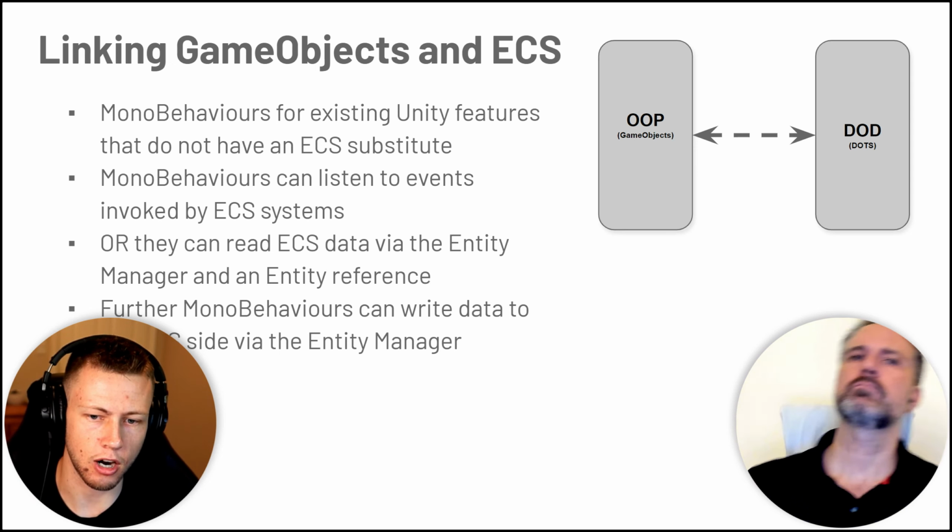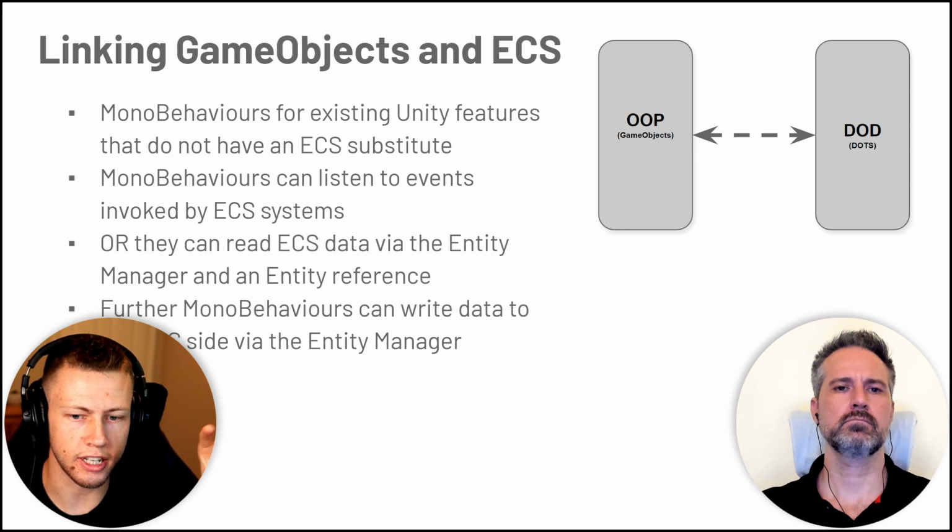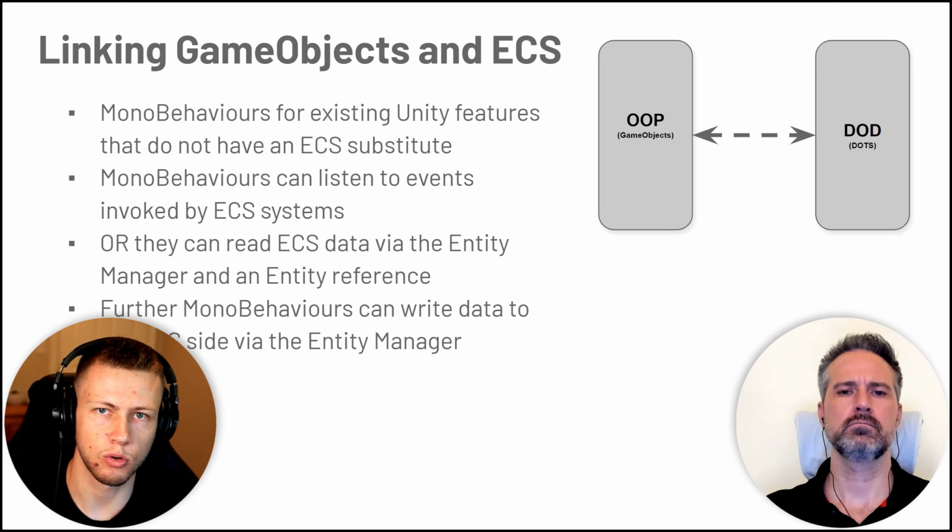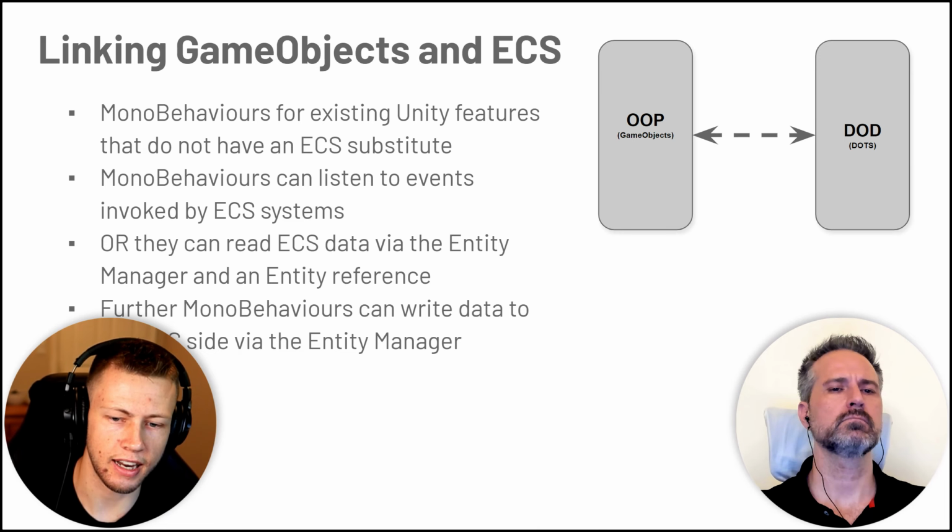We just have our mono behavior always reading that entity data. And then we can still pass things back from the game object side to the ECS side, again using the entity manager, which allows us to do some entity operations and modify entity data.